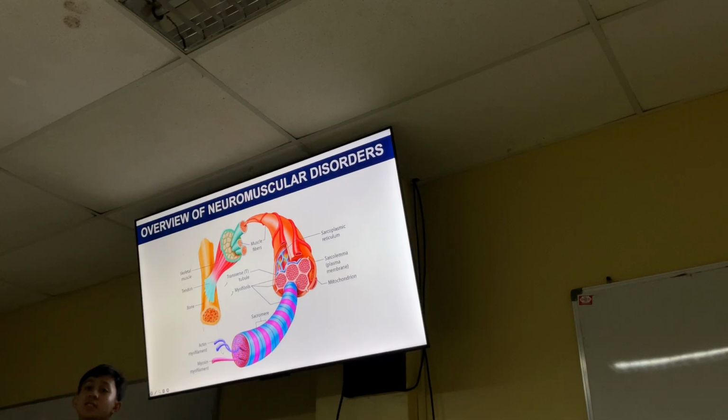If actin and myosin interact, it will lead to muscle contraction. You can go back to the process of muscle contraction. There are several reasons why there is muscle contraction, and one of them is the exposure of your actin to your myosin. Okay?